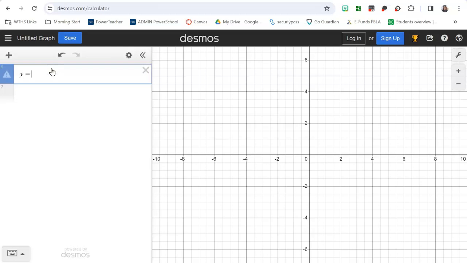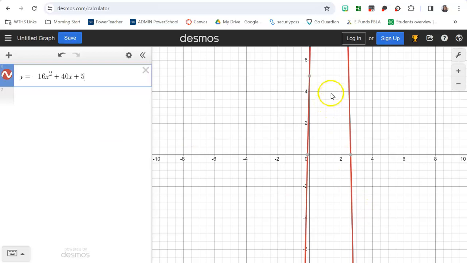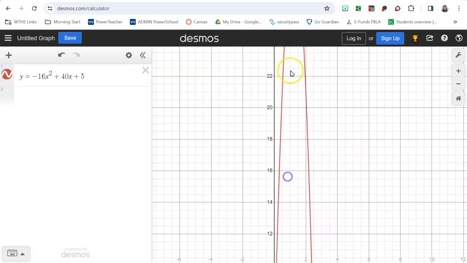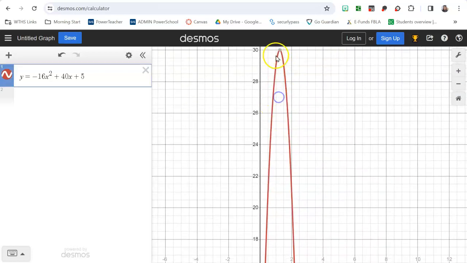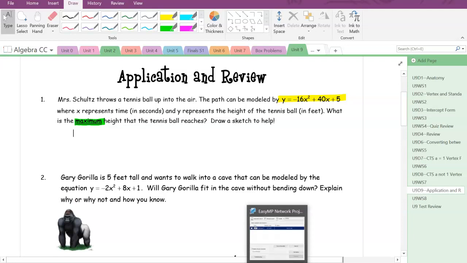We're going to type this in, y equals negative 16x squared plus 40x plus 5. We're going to have to zoom out a little bit or just scroll upwards. But we can see we have a vertex or maximum at 1.25 comma 30. Okay, so we can draw a picture of that.